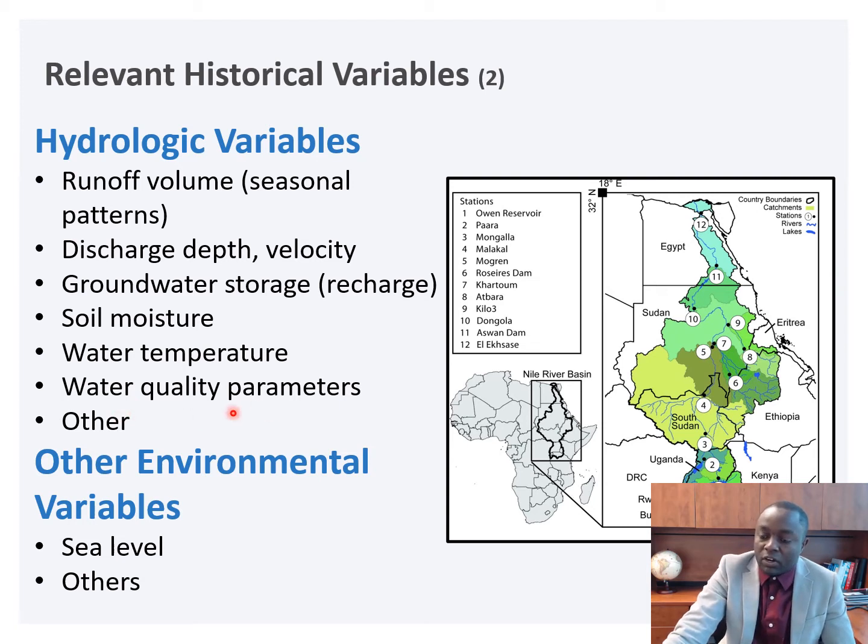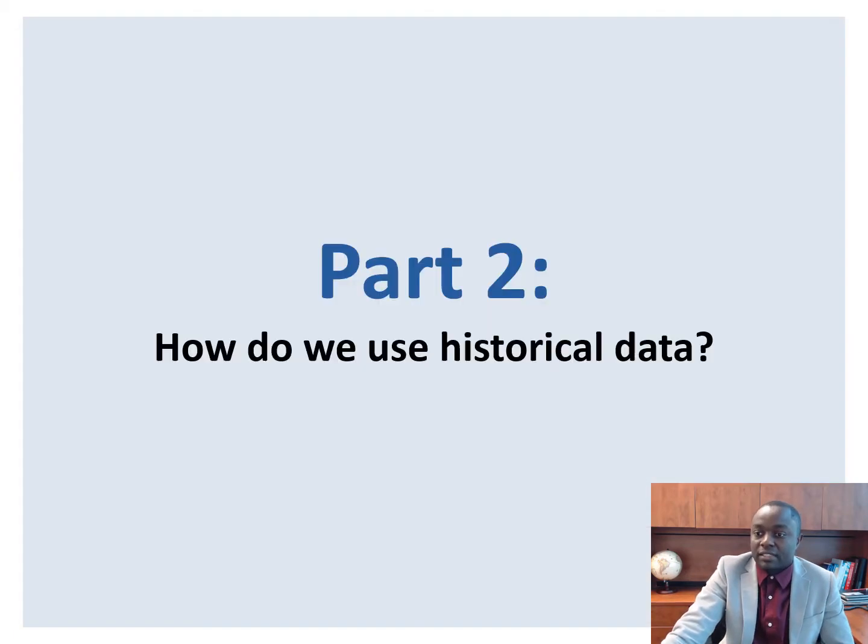And in terms of environmental variables, we typically require sea level rise amongst others, and these are project specific. For some projects, we will require most of these variables, but in some other projects, we require just a few of the variables such as precipitation and temperature. So the location of the project matters, and the time scale of the project also matters.